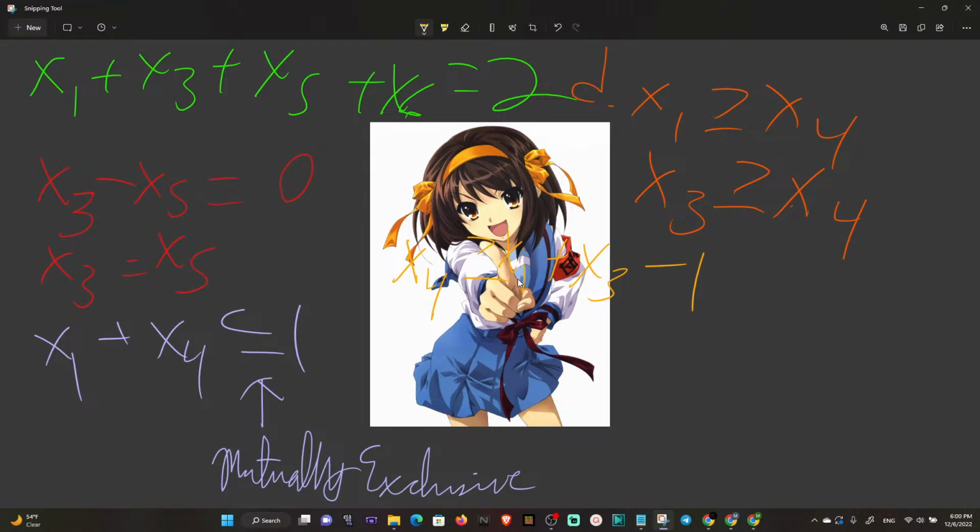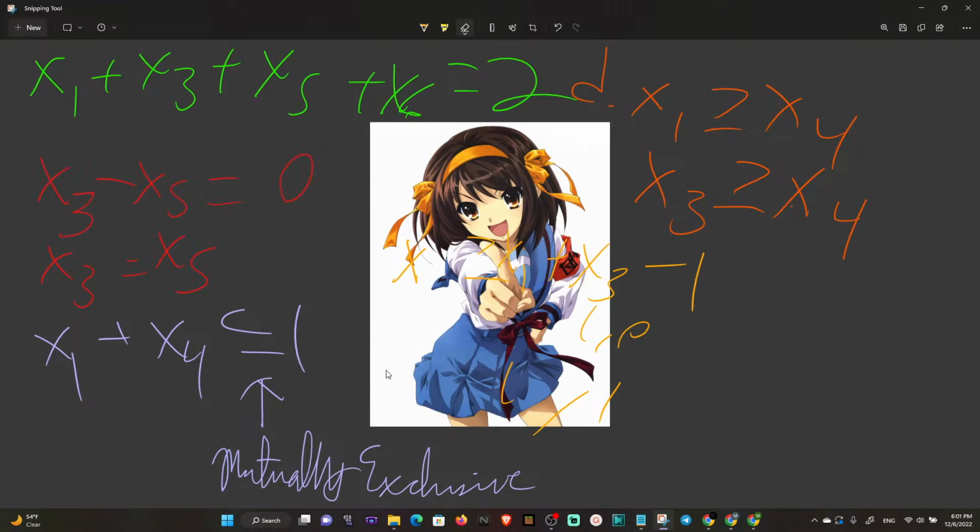How do you know it's going to be 2? Because these are all binary variables. If you have 1 and 1, then this would forcefully be 2, which would go against it. That's why you add the -1.